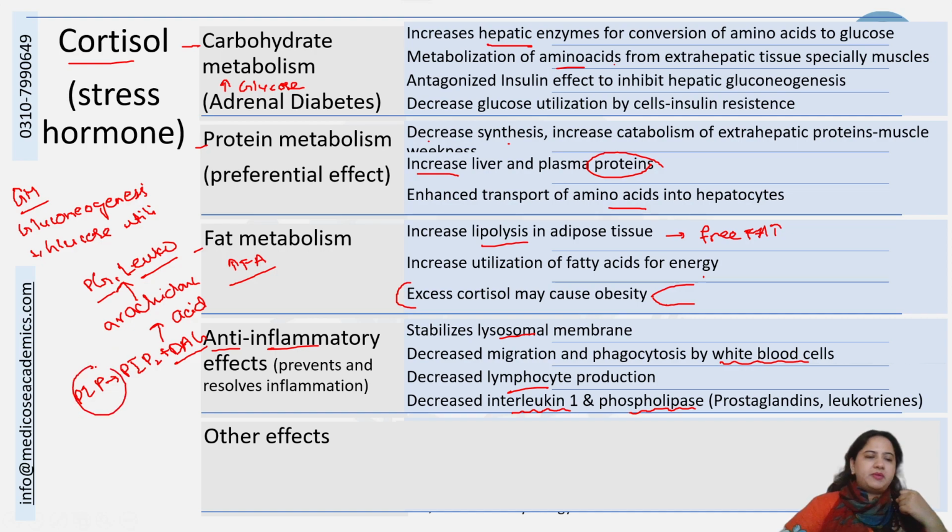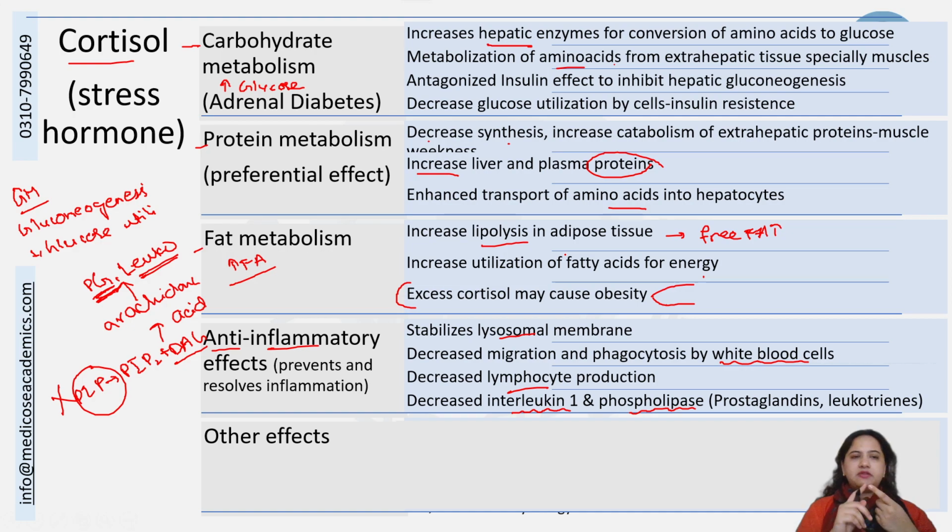So by inhibiting this phospholipase, steroids are providing an opportunity to decrease production of prostaglandins and leukotrienes. So in combination, all these mechanisms help steroid hormones to combat the inflammation. And if there is already some inflammation, they can provide an opportunity for resolution.